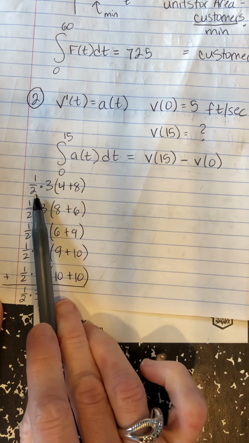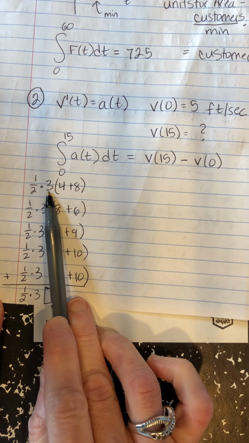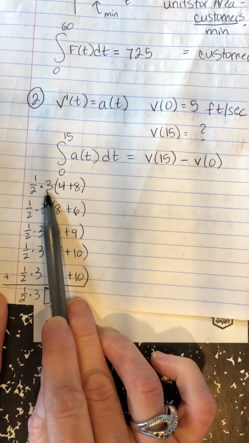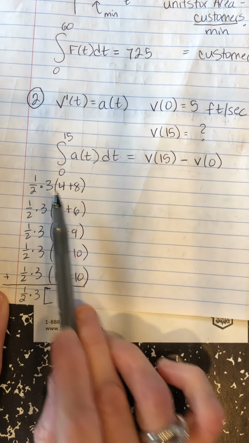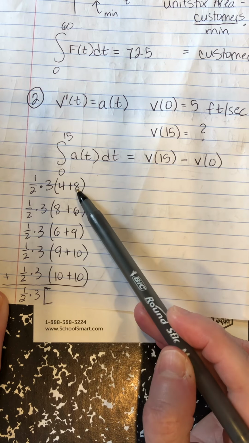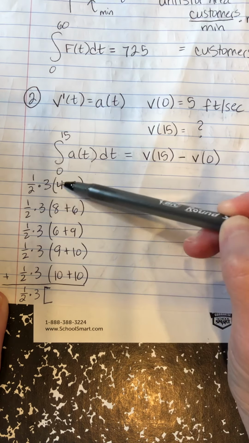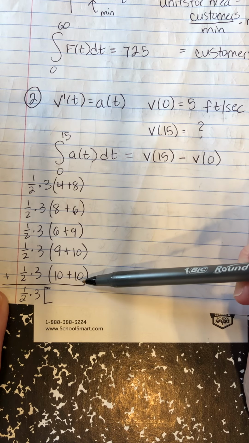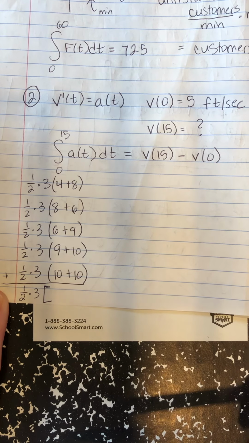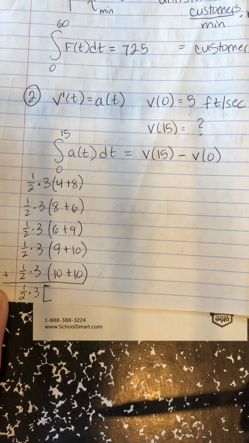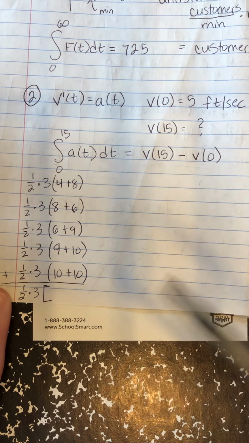They all have 1/2 times 3 as part of the expression. Then each of the given y coordinates shows up twice, like 8 and 8 and 6 and 6 and 9 and 9 and 10 and 10, except for the 2 on the end, because those are only used as the bases in the trapezoids on either end.